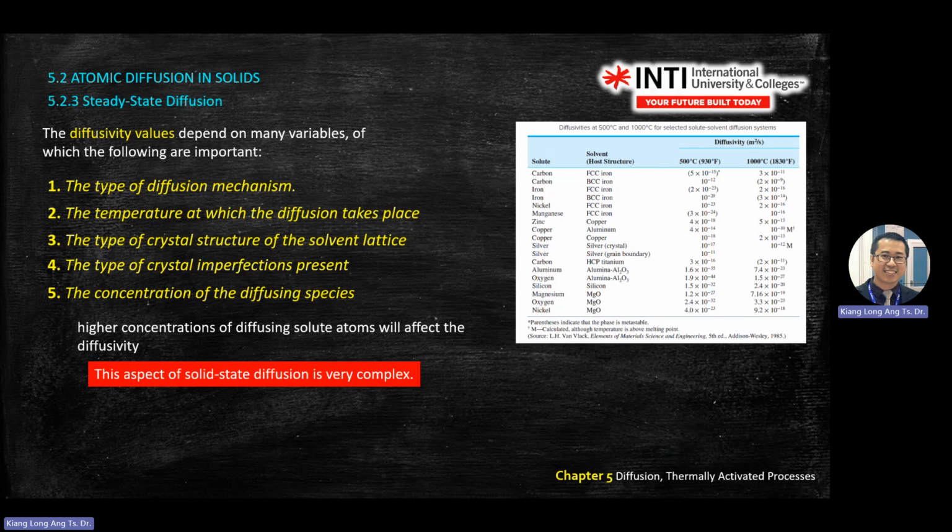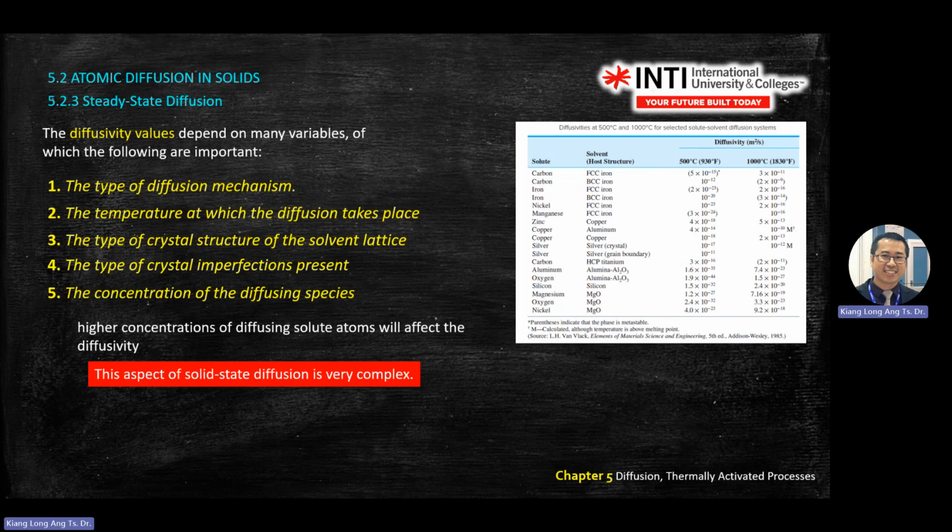Why is this slide important? Because once you calculate that one, you need to explain why the value is different. For example, the question asks you MgO and you're given magnesium, oxygen, and nickel. Why are these 3 values different?